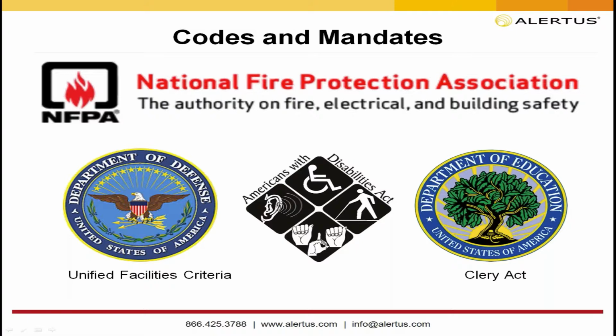NFPA 72 is a code for how fire alarms are installed within a building. In 2010, they added a chapter which addresses mass notification and really expands and provides a roadmap for implementing mass notification within your buildings. It expands the use of the fire alarm so that you can use the fire alarm in new and innovative ways to notify occupants. So that provides really a guideline for implementing mass notification.